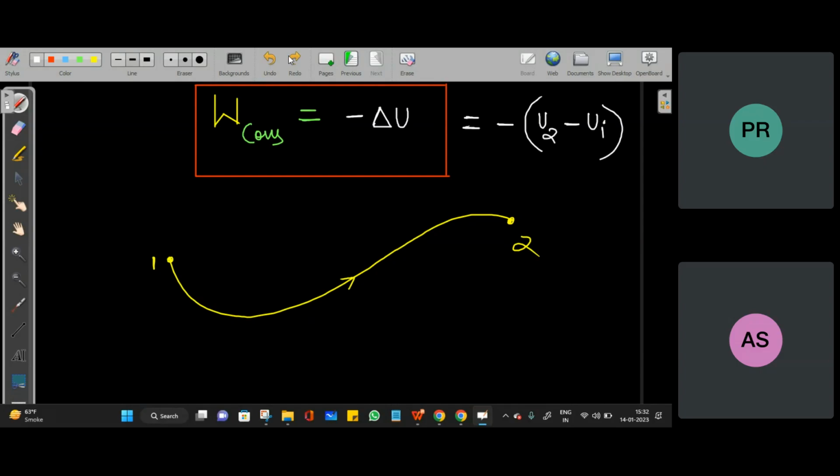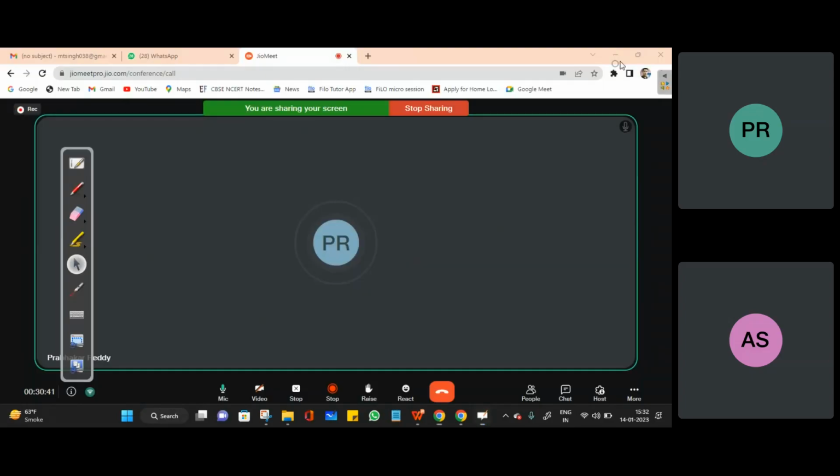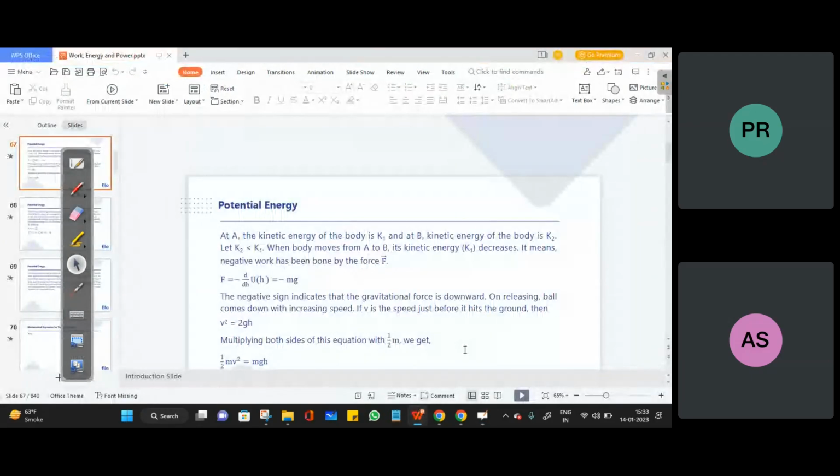So what I said, that potential energy will decrease, but decrease is the change. Decrease or increase is change only, no? So I'm talking about change. Yes, sir. Change is negative, so we say decrease. Change is positive, we say increase. So I'm talking about change only. Okay. Let's go to the next then.